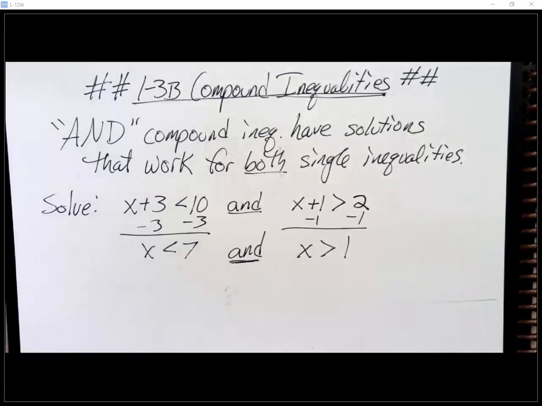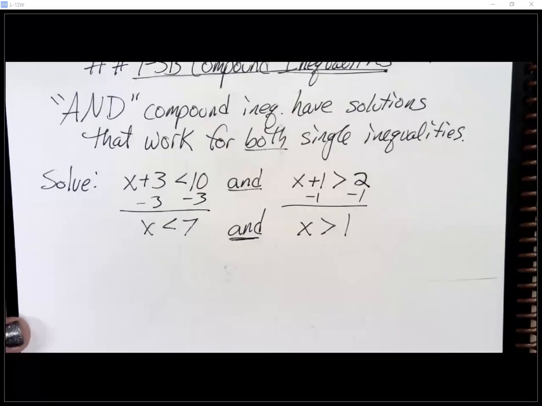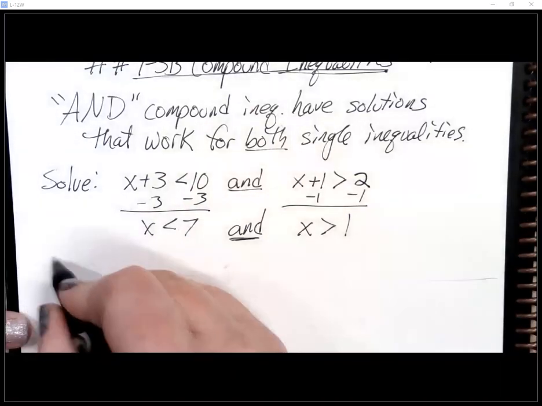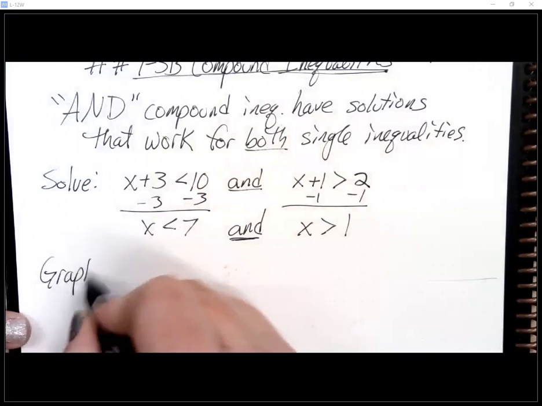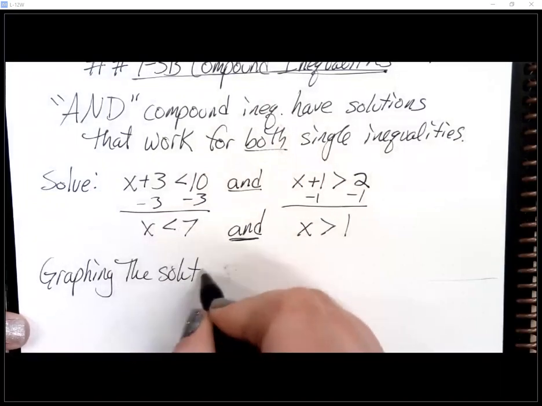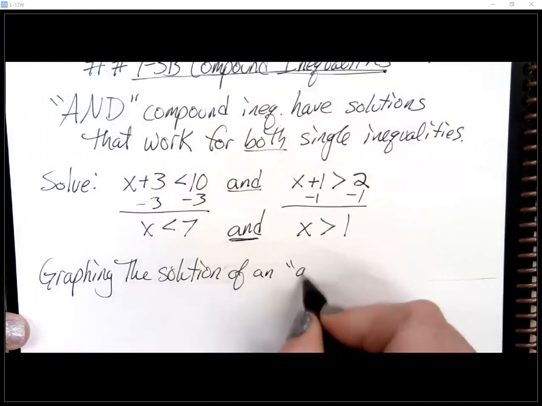Okay? So when I go to graph a final solution like this, eventually you become so good at it, you don't even really need to think about it, but sometimes we throw curveballs at you. So here's what you're looking at when graphing the solution of an and inequality.